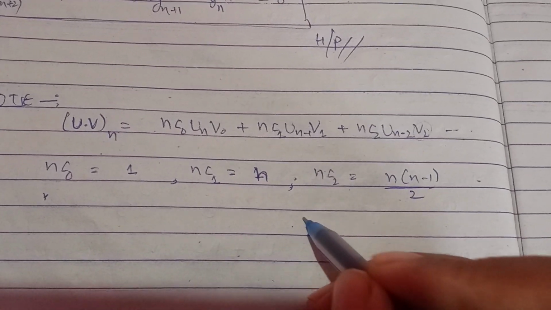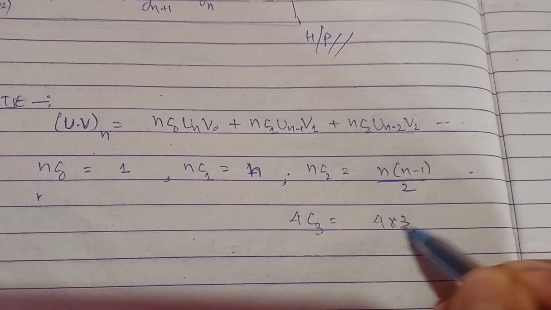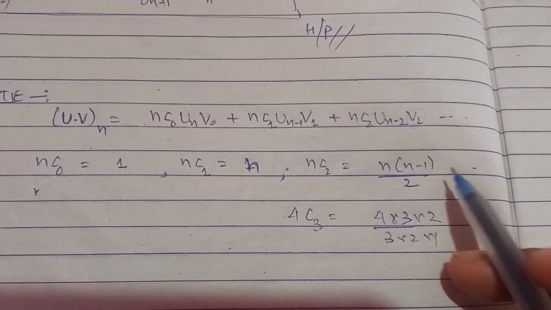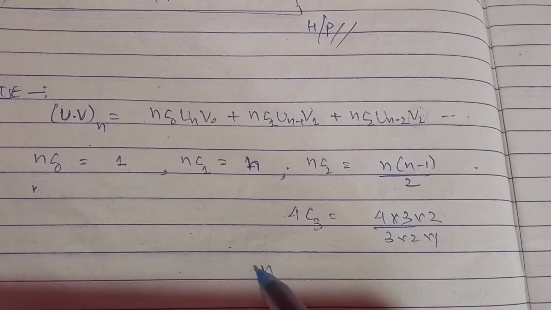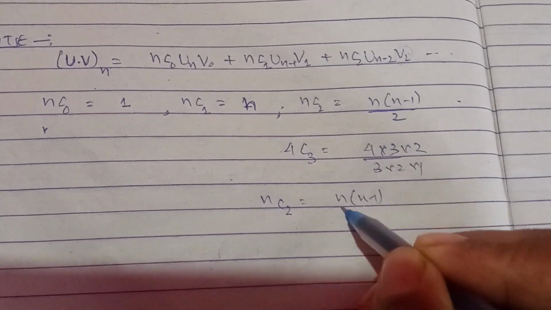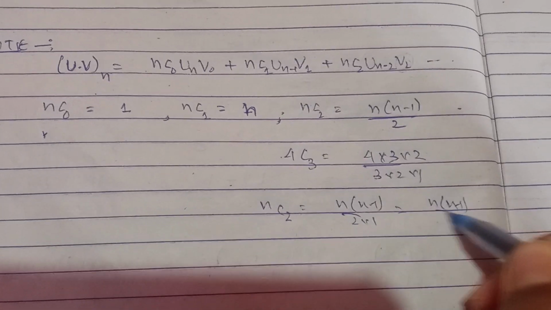Like we can write 4C3 as 4 into 3 into 2 by 3 into 2 into 1. Similarly nC2 we can write as n into (n minus 1) by 2 into 1, that is n into (n minus 1) by 2.